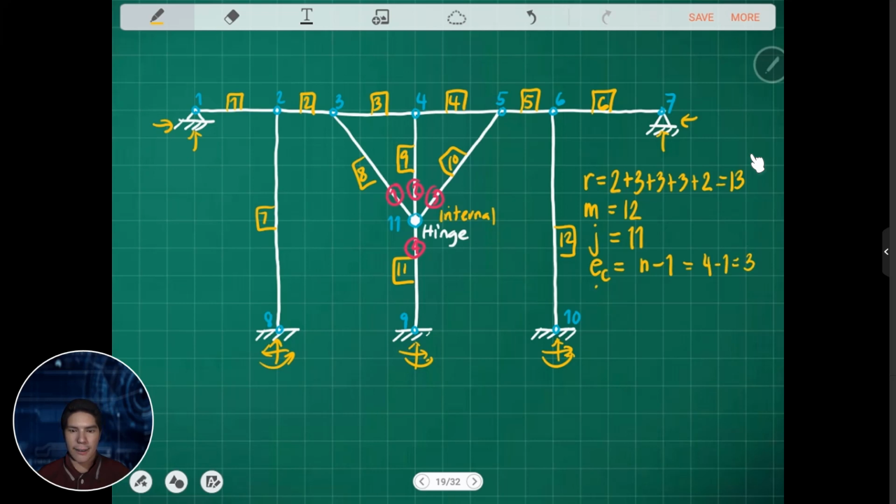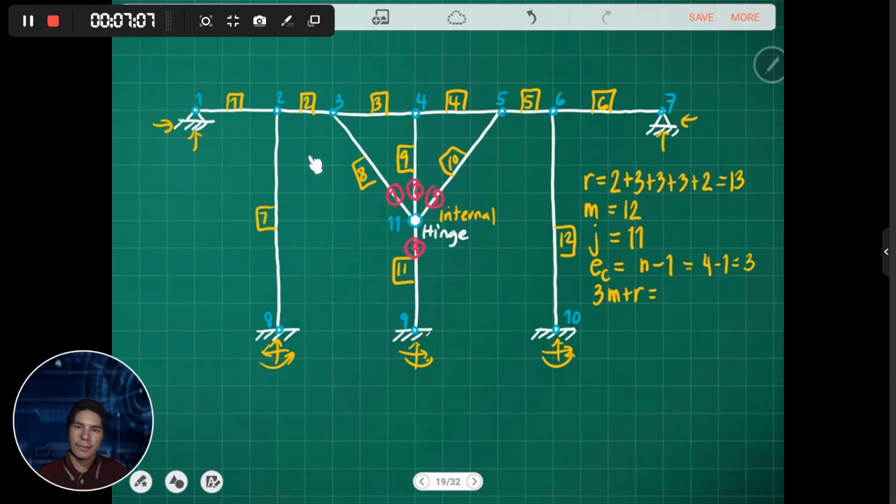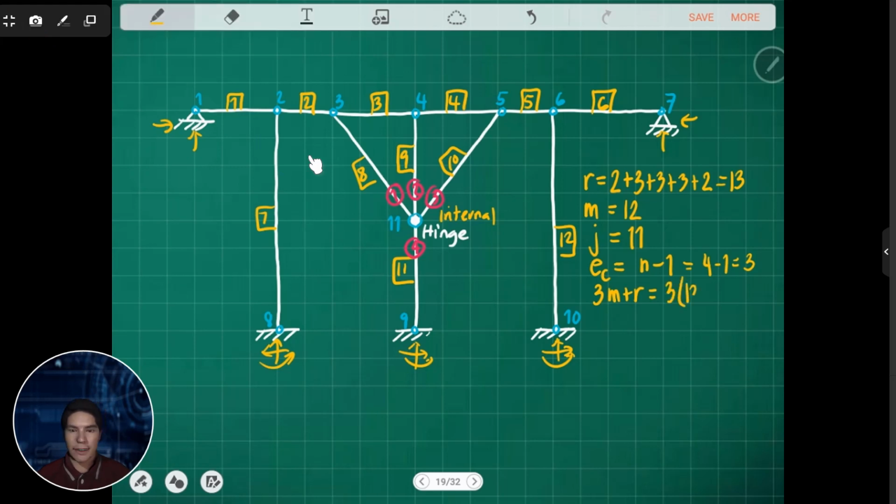So thus, if you want to compute for the 3m plus r, we have 3 times 12 plus 13, so therefore we have 49.